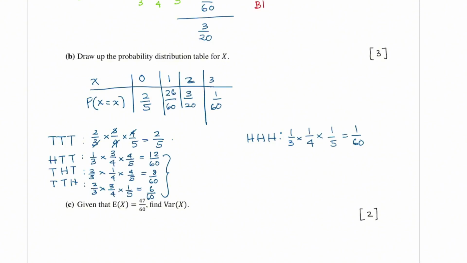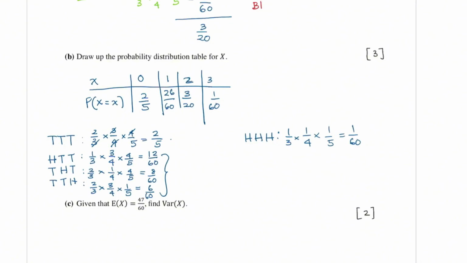How do you get marks on this question? You'll get the first mark when you have a table with correct values of x, which is 0, 1, 2, and 3, and at least one further non-zero probability that is correct. So if you have 0, 1, 2, and 3 on your x, and one of the probabilities correct, you will get your first mark, B1.